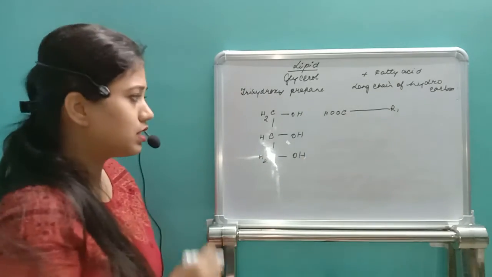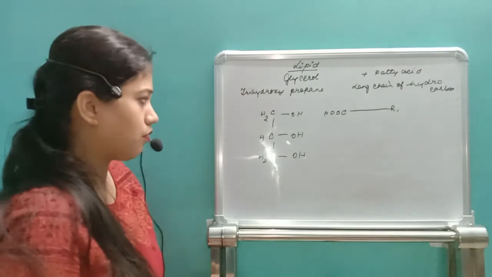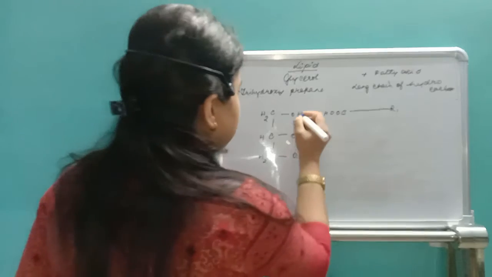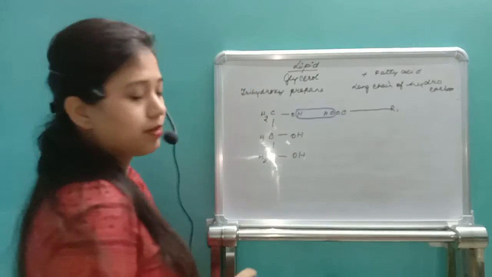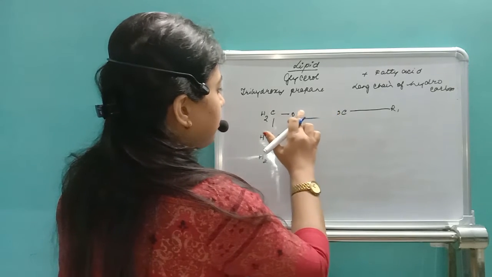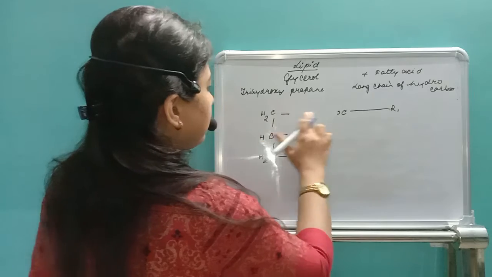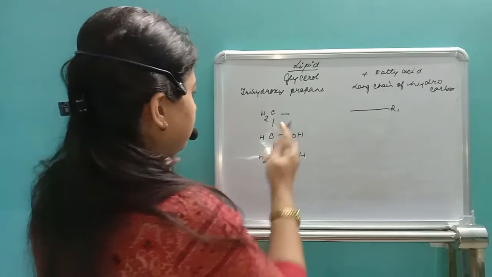Okay, then in this, what type of bond will we see? Suppose this is the ester bond that forms, right? So this will be removed as water. So it will be removed, and we are going to have a bond.